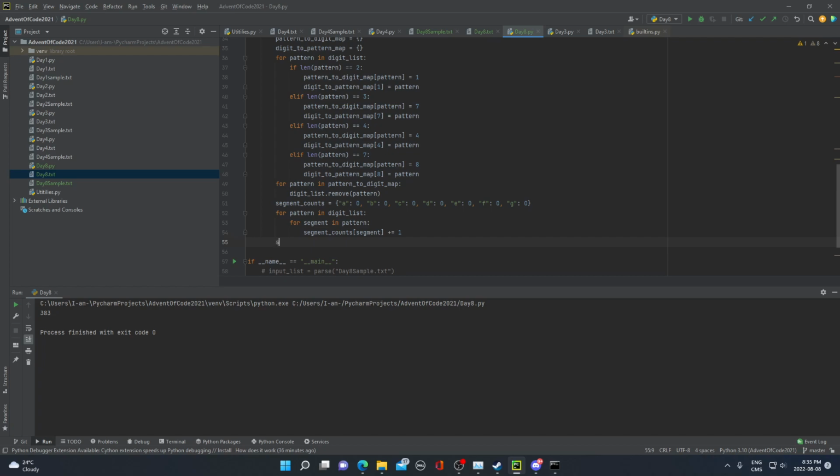After we're all done, most common segment equals max segment counts. And then we have to go through it again.